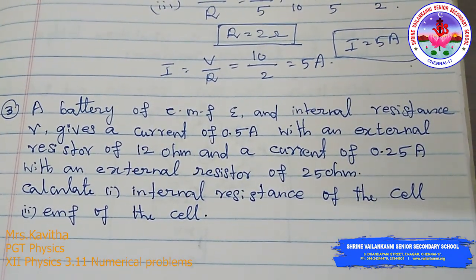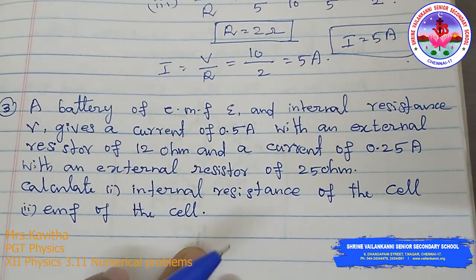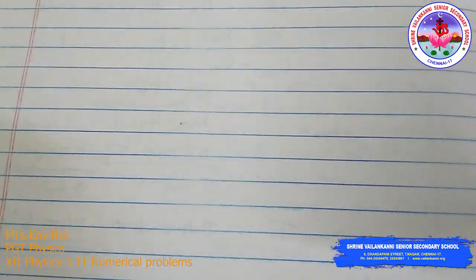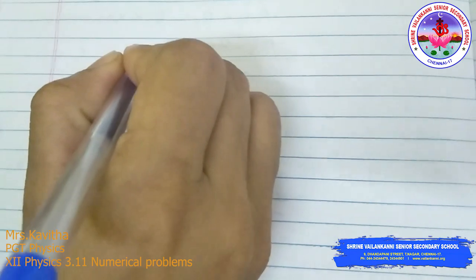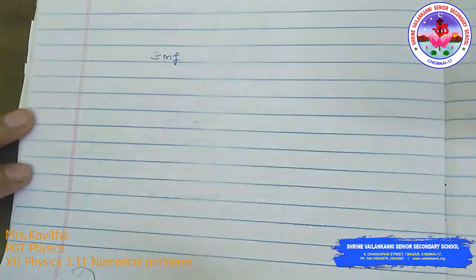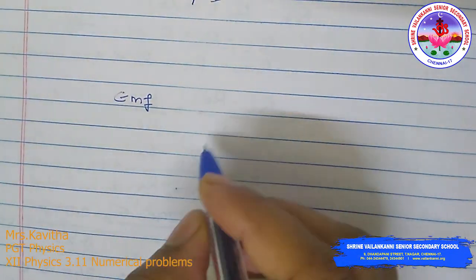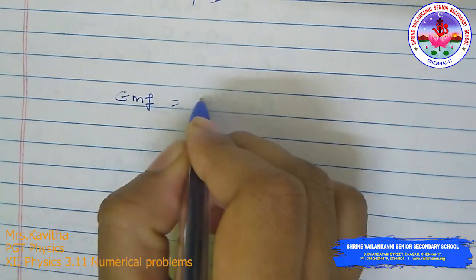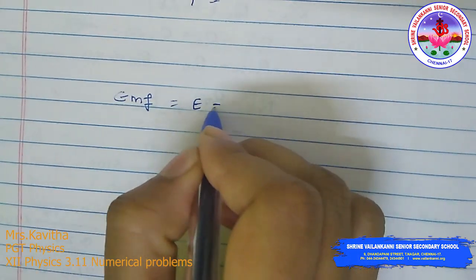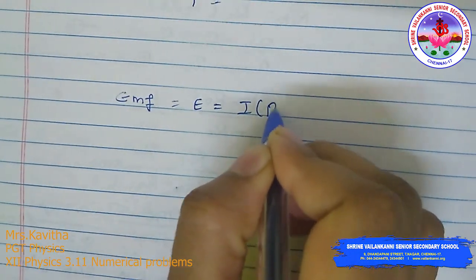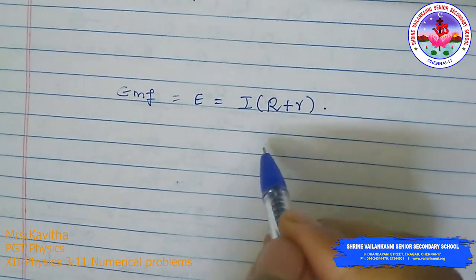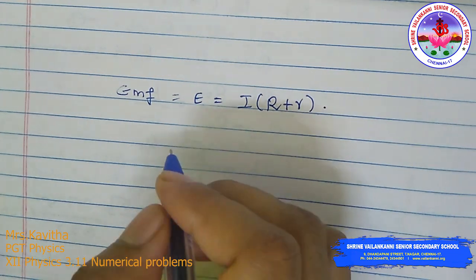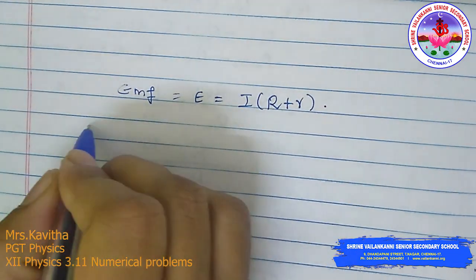Now, we can apply the formula for the EMF of the cell, E is equal to I times external resistor plus internal resistor. So for the first case, they have asked for the internal resistance of the cell.